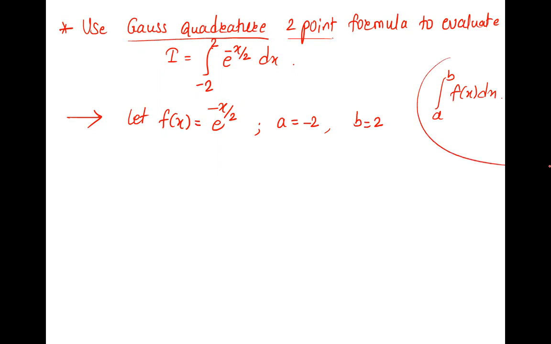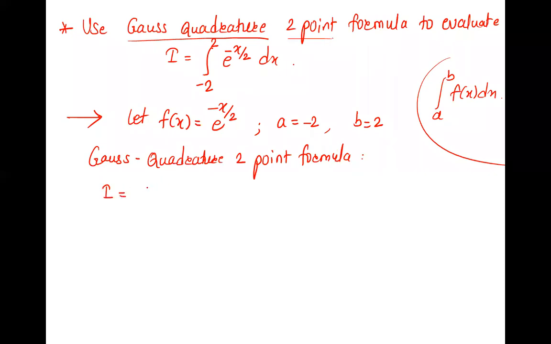Okay. And then we'll write the Gauss quadrature 2-point formula. What is that? Tell me the formula.